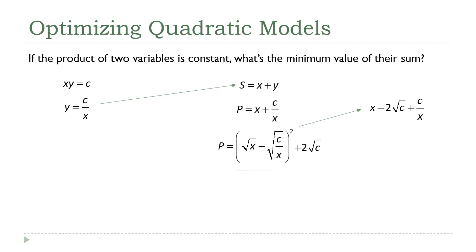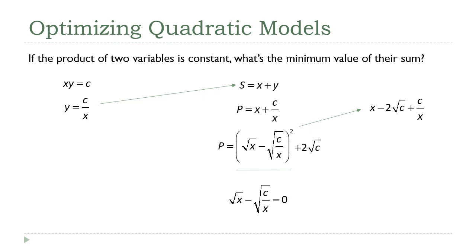Well, if you square something, it's going to be a positive number or 0. 0 is the smallest value that expression that I'm squaring can have. So that's where the minimum is going to occur. Right? So I'm going to take that square root of x minus the square root of c over x, and set it equal to 0.